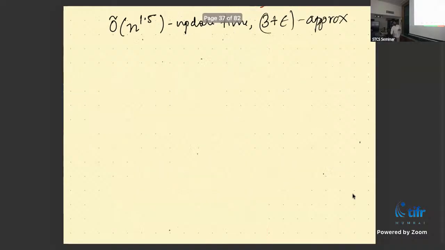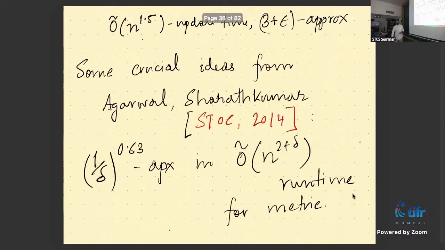Now let me show you a simpler version of our algorithm, which gives you a 1.5 update time and gives you a 3 approximation. And at the end, I will tell you how to extend that. The main idea stems from this paper by Pankaj Agarwal and Sharat, who is a co-author of this paper as well.